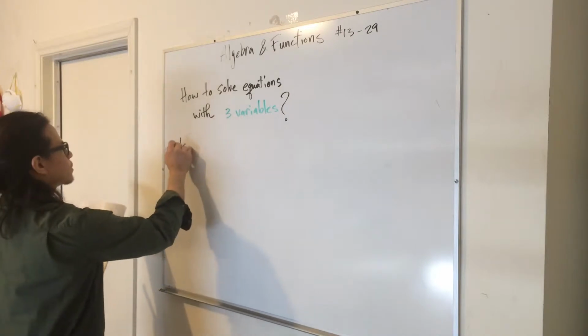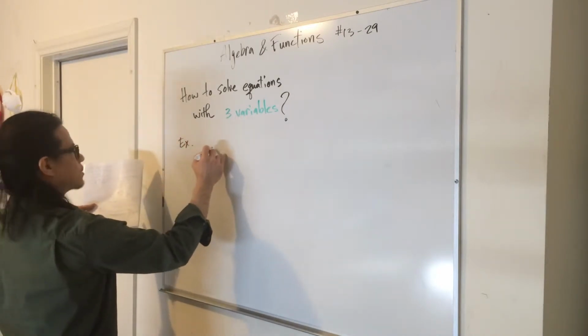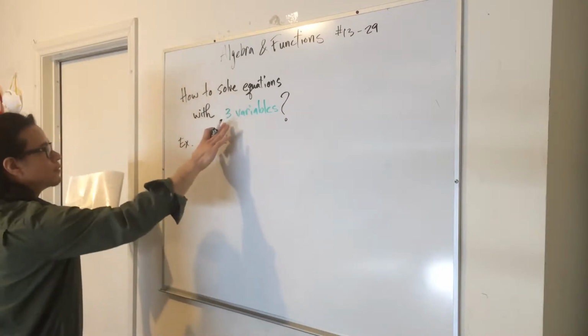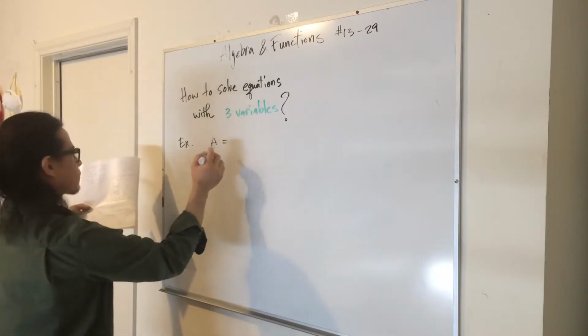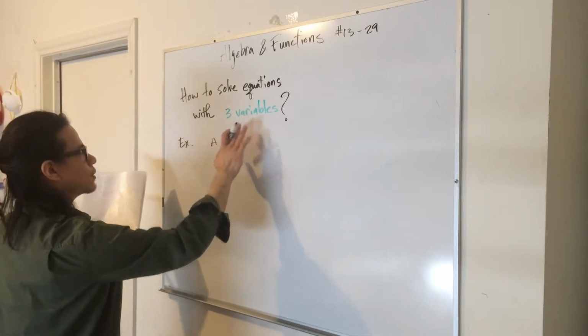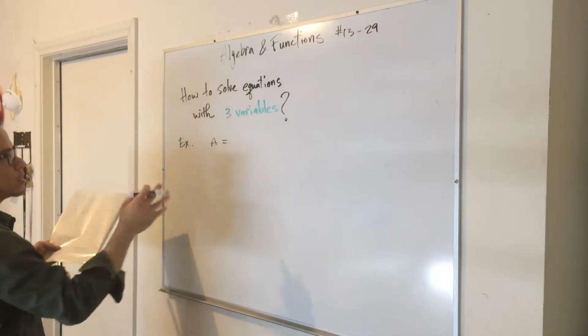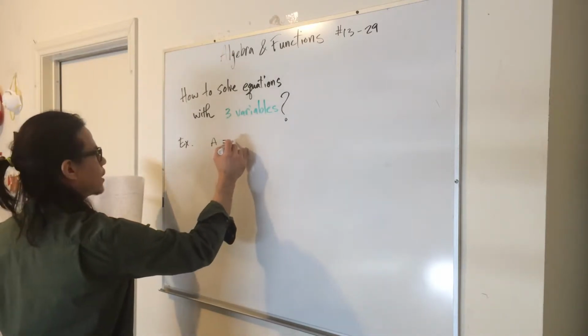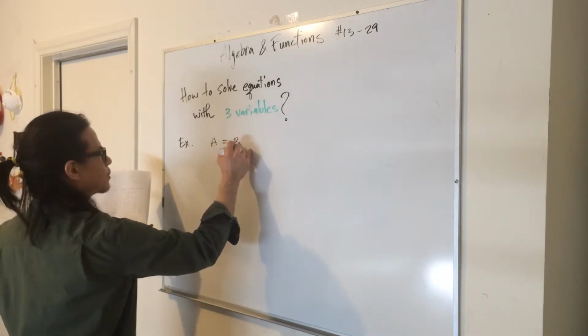Okay, so let's, for our example, examine these 3 equations here. Remember, to solve an equation that has 3 variables, we're going to need 3 equations. Okay, so here's our first one.